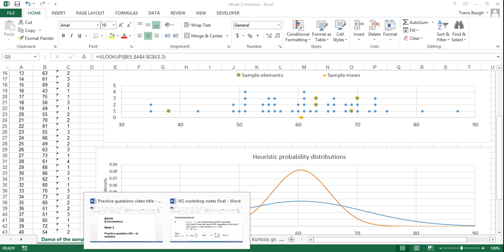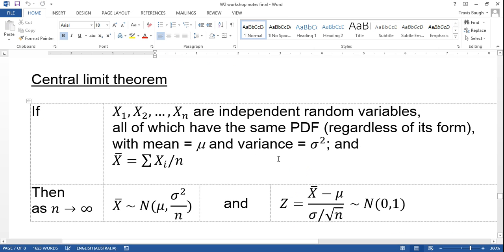Okay, so let's have a look at what the central limit theorem says. It says that if you select n independent random values that all come from the same PDF. That's what was happening in that example I gave before.